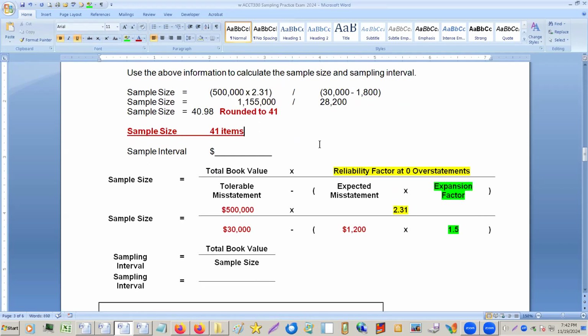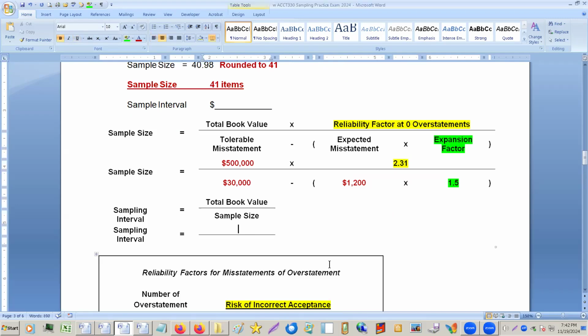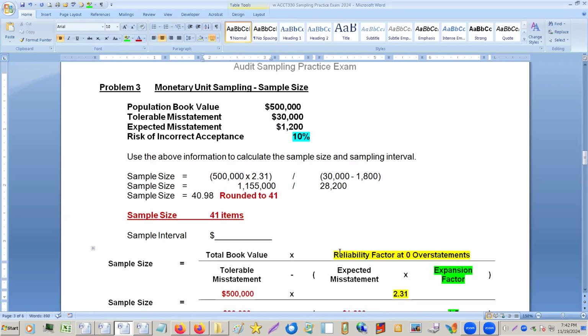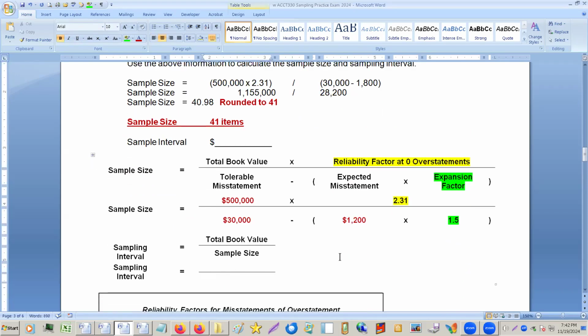All right, coming down here, total book value is 500,000 divided by 41.